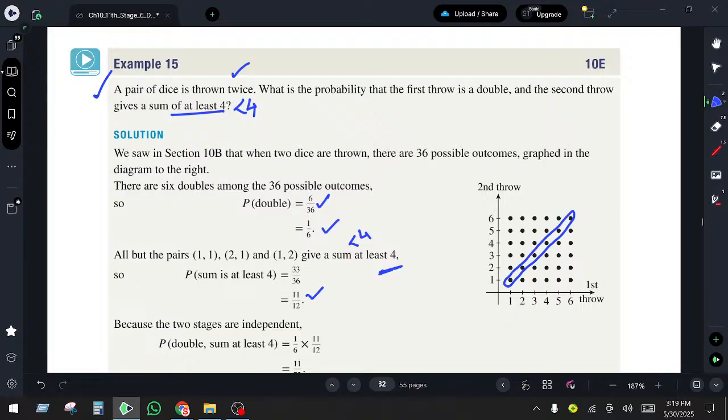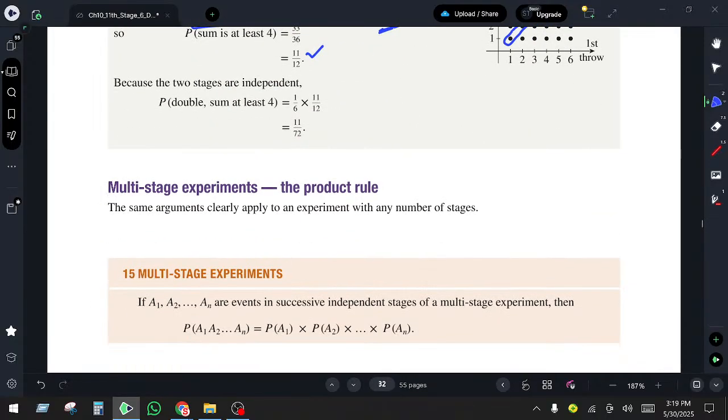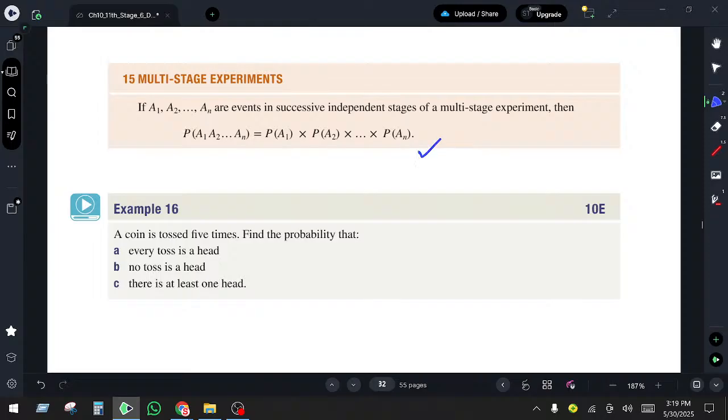Here, because we are throwing numbers, the first output is different and the second output is different. The outputs are totally different, so it is 11 by 12, and the total is 11 by 72. You have to do the product.